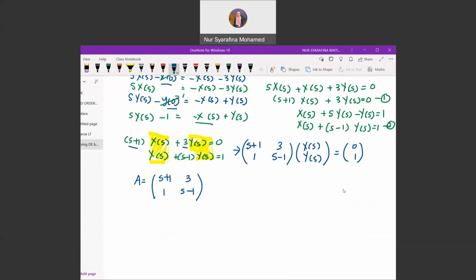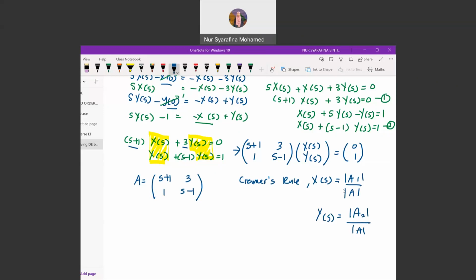And remember, by Cramer's rule, Xs is the determinant of A1 divided by determinant of A. And then by Cramer's rule again, Ys is given by determinant of A2 divided by determinant A.